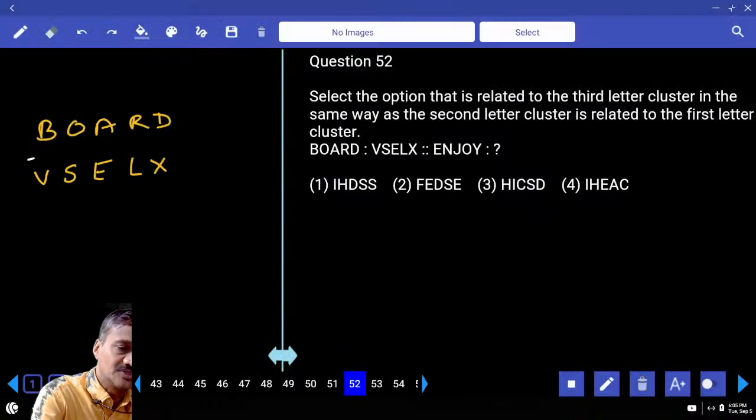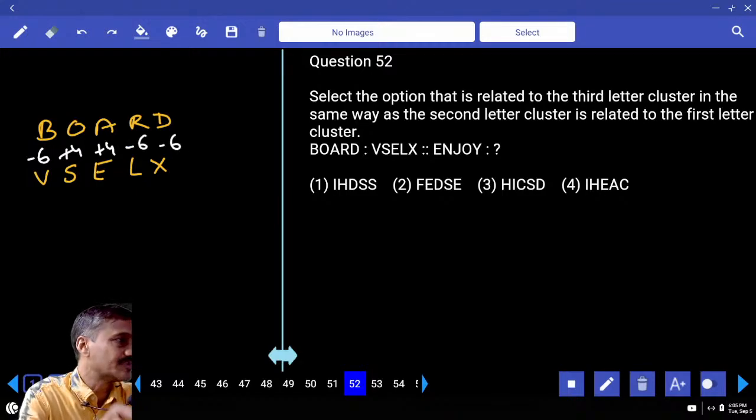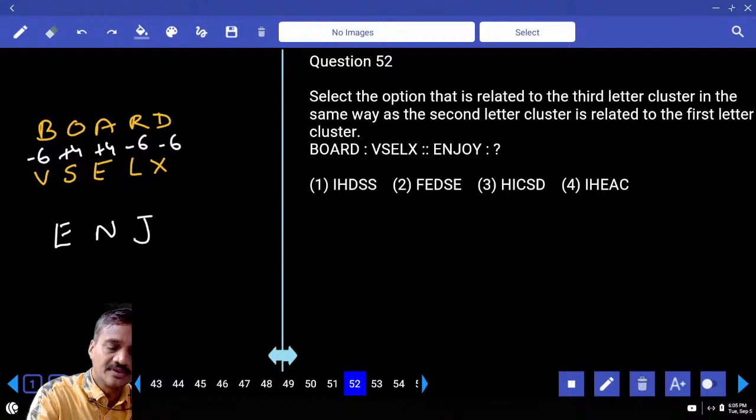The difference between these two is minus 6. And then here O plus 4, it is a vowel. Here it is 18, minus 6. That means for consonants minus 6 and for vowels plus 4. And similarly we need to find out the code for the word ENJOY.